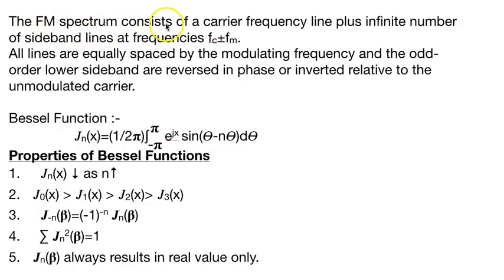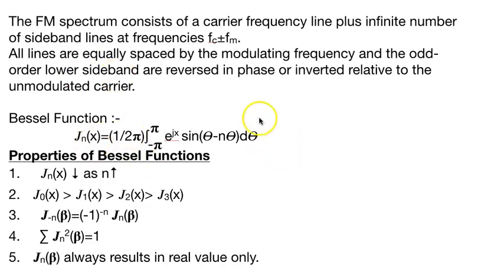The FM spectrum consists of a carrier frequency plus an infinite number of sidebands at frequencies plus minus n fm. All lines are equally spaced by the modulating frequency, and the odd order lower sidebands are reversed in phase and inverted relative to the unmodulated carrier. This happens with only the odd order lower sidebands.